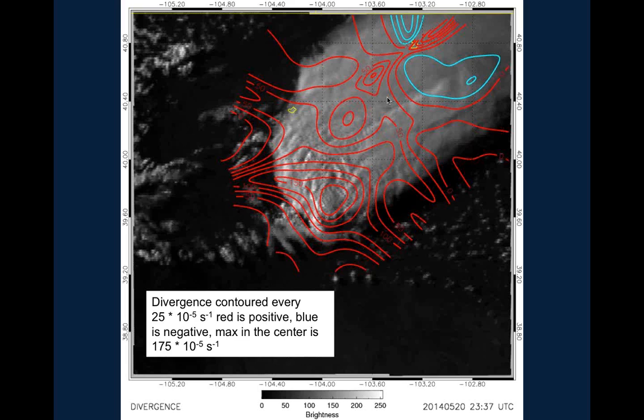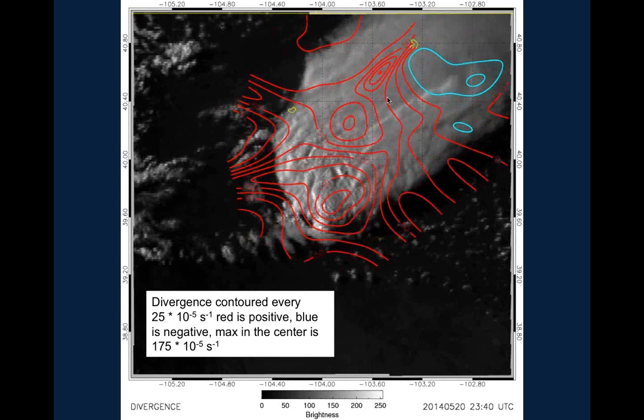When the divergence starts to weaken, it isn't uncommon to see large hail reports within the next 15 minutes. So it seems like the updrafts are lofting and forming the large hail, and once they weaken, the large hail tends to fall out. And the other thing we can derive is vorticity, and we've actually learned some really interesting things.